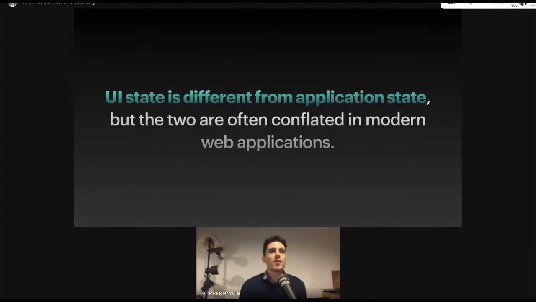For me, I define UI state as something that's different from application state. But sadly, I think those two things are often conflated in the conversations that we have or in how we build applications.